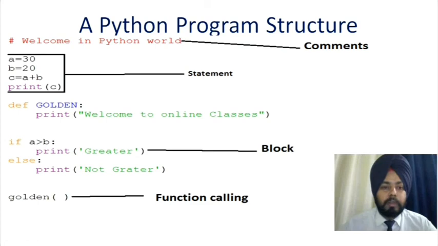When the program executes, comments will not disturb it. They are just used to improve the readability of the program. This kind of part is called a statement. This is a function defined like def golden, and this part is called a block, and here I call the function again, this is called calling the function.